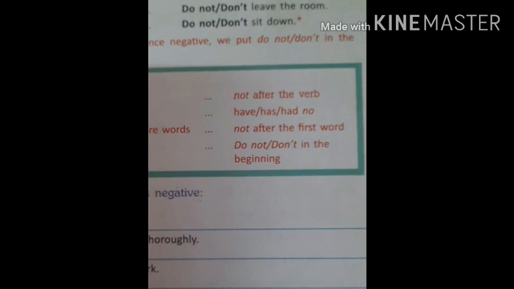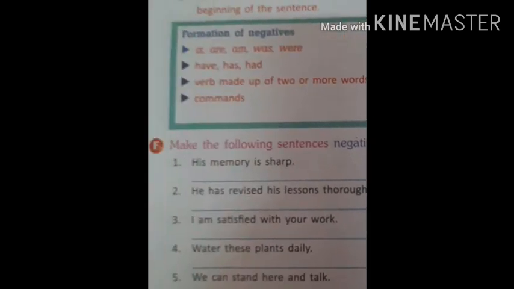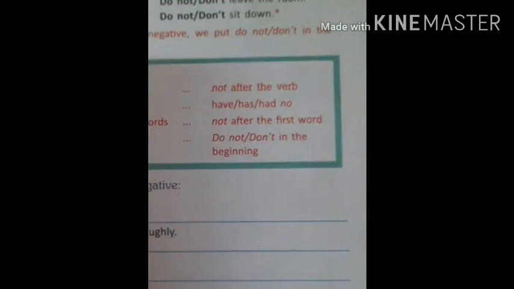So within the two words of the verb, we are going to use not. And then in the command sentences, we are just going to use do not or don't. So I hope you are clear. So now let us begin with the exercise.